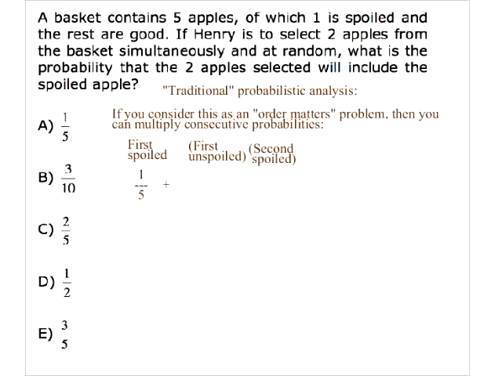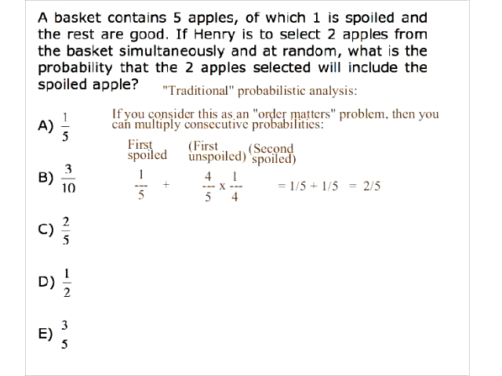So the first unspoiled has a probability of 4 out of 5, because it's anything but the spoiled one. And then out of the remaining 4, the second needs to be the one that's spoiled. So that's a fifth plus a fifth. You can do that. Or you could consider the opposite event.